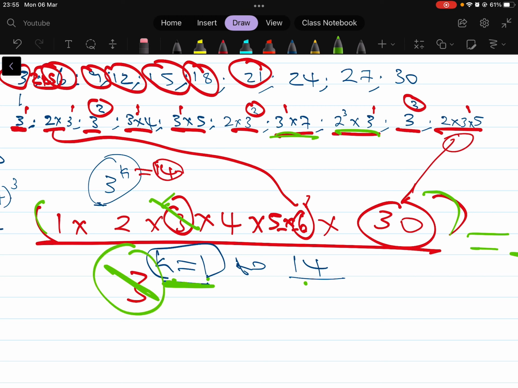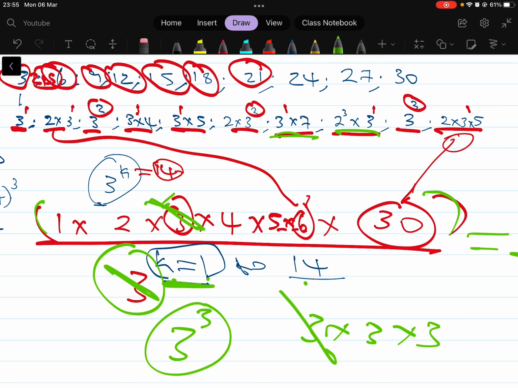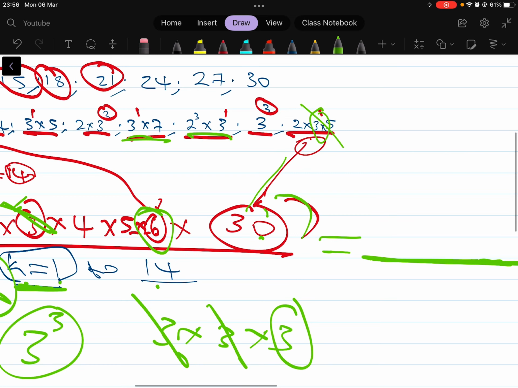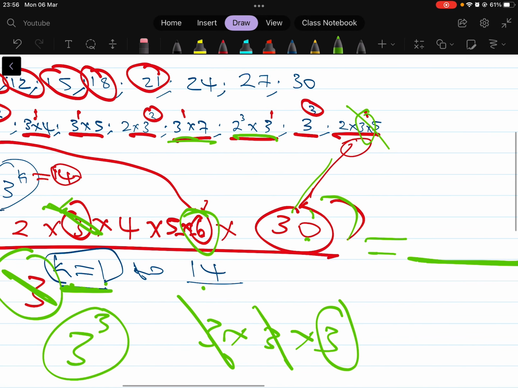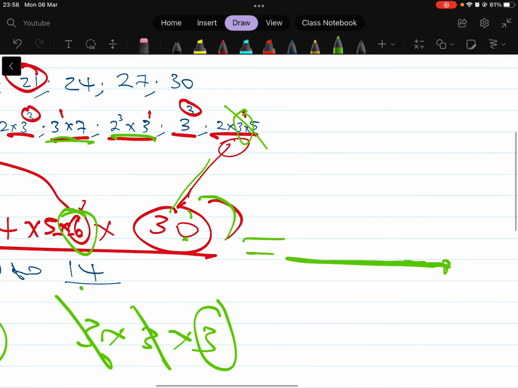Remember, if it's 3 exponent 3, you can write it as 3 times 3 times 3, and then you keep cancelling this 3 with that, this 3 with maybe the 3 that is in the 6, the other 3 will be cancelled by the 3 that's probably in the 30, and then that leaves you with the denominator being just 1.